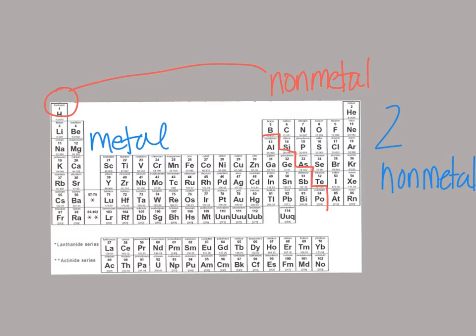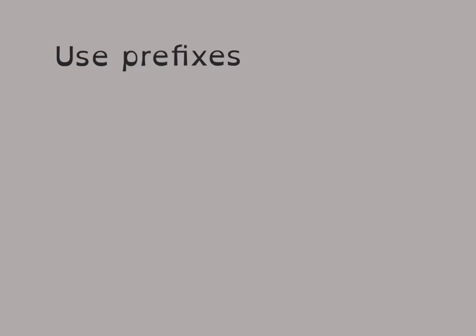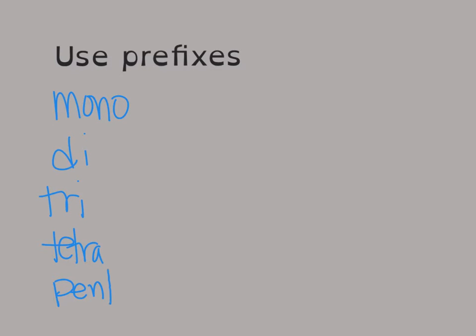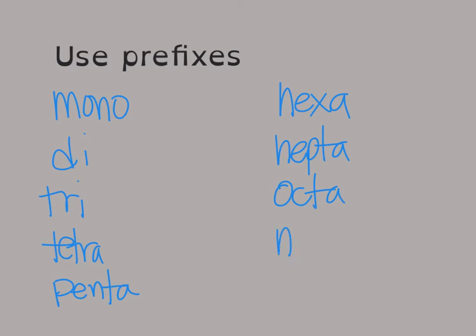When you have two of them together, you're going to name them in the way that I'm about to show you. When you have two nonmetals together, you're going to use prefixes, and the prefixes that we use are pretty common. You're going to see things like mono, di, tri, tetra, penta, hexa, hepta, octa, nona, and deca.